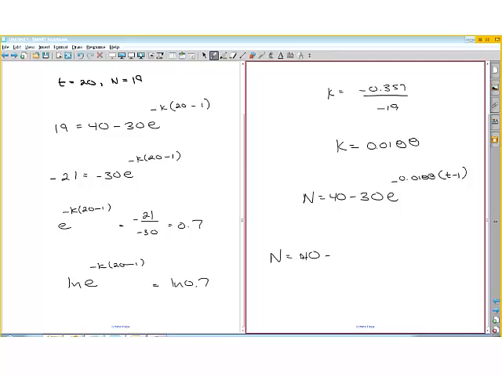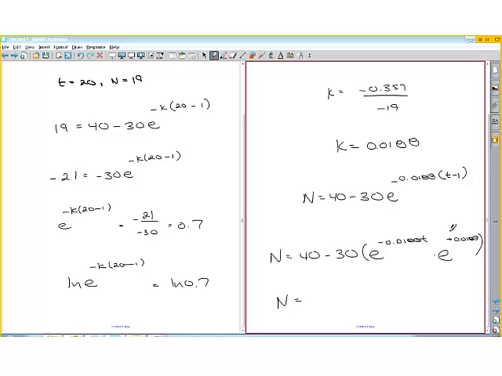But that's correct, but what we have is 30 times e to the minus 0.0188 t times e to the plus 0.0188, because negative times negative is positive. So e to the 0.0188 is 1.0189.